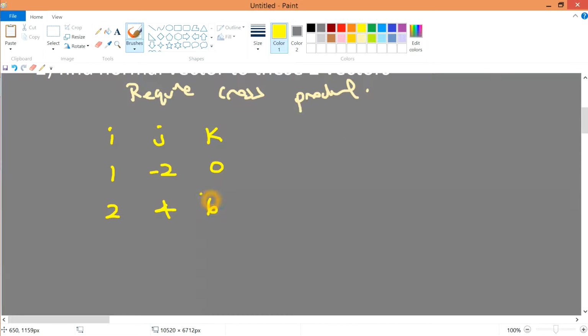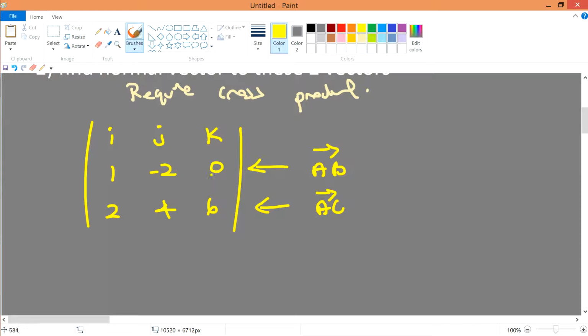This row over here is vector AB. Each of the rows is like that. I just rewrite in terms of the rows.